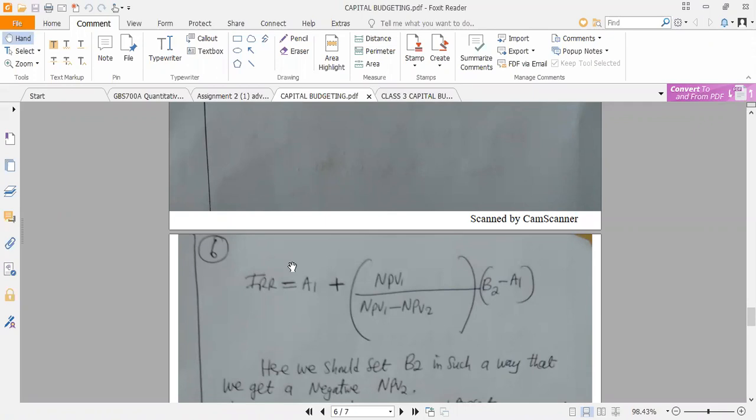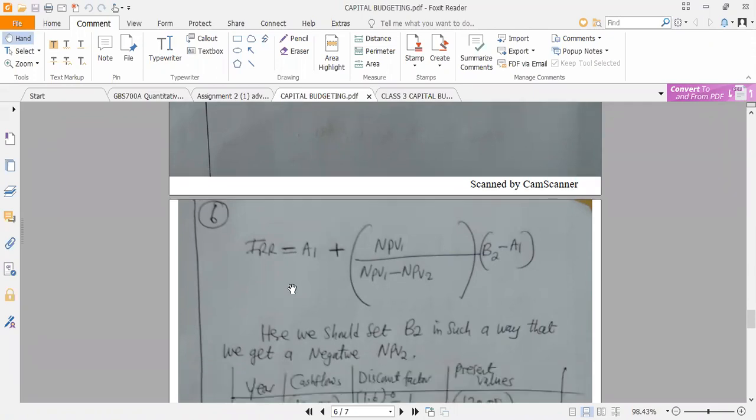So the formula for internal rate of return is equal to A1, which is rate 1, plus NPV1 over NPV1 minus NPV2, then in brackets, B2 minus A1. This is the internal rate of return formula.